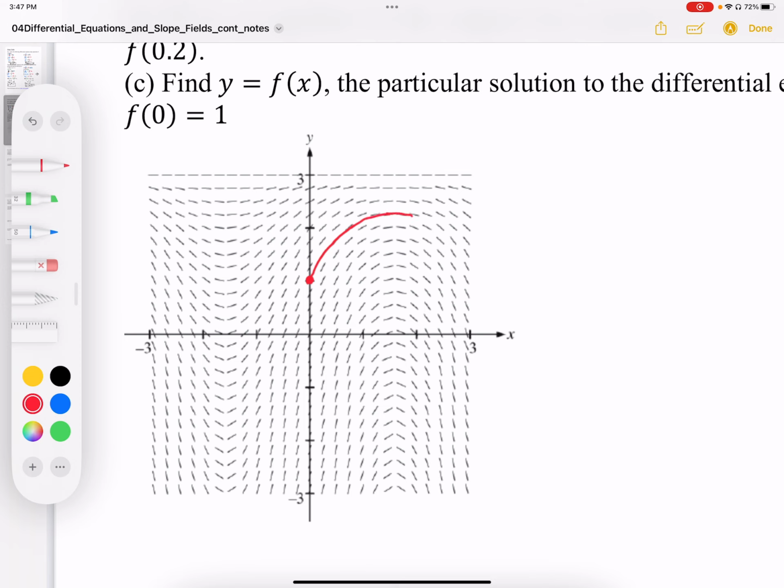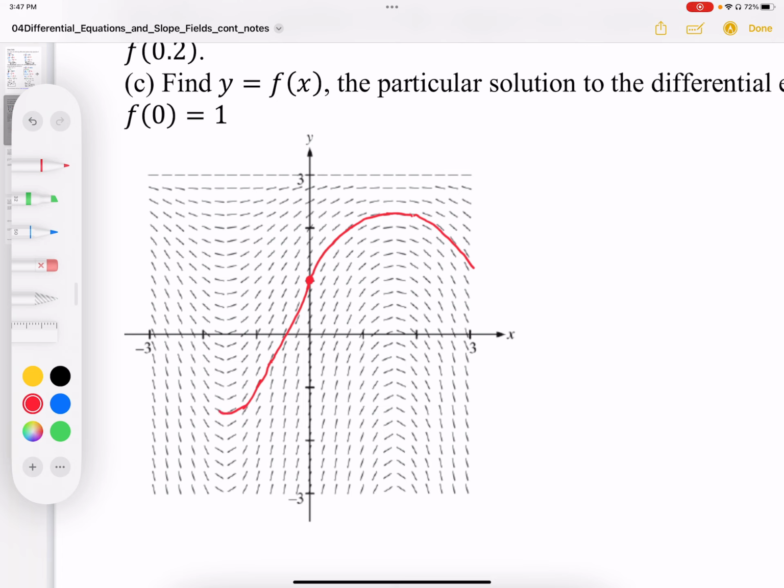If I follow the lines, it looks like it's going to follow this general pattern. It's pointing down here, so it looks like it's pointing to that section. Every time I hit a section, I take a look at that slope to see where it's pointing next.